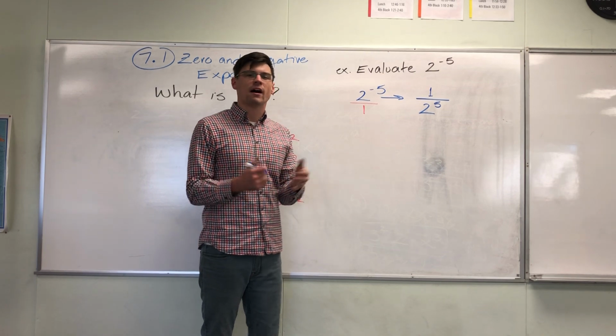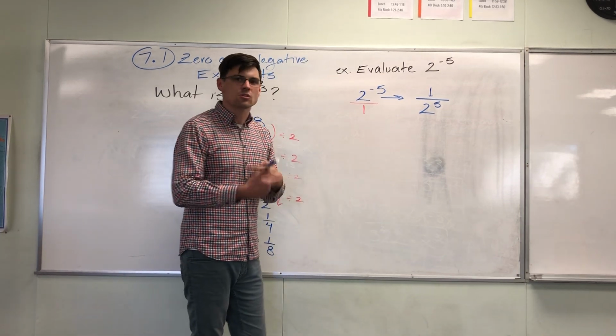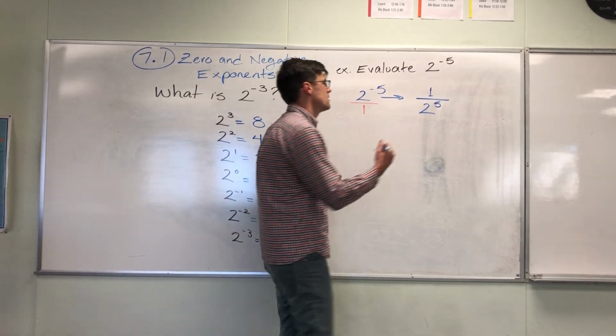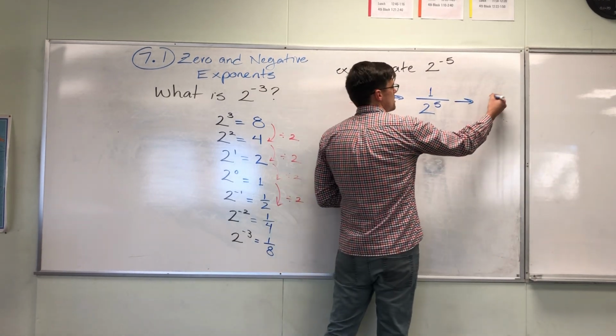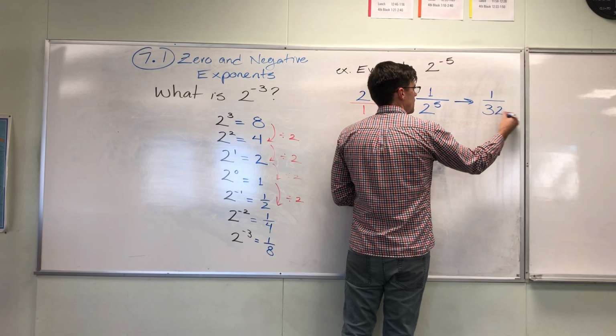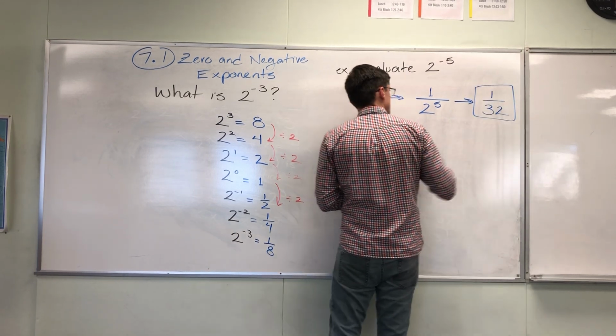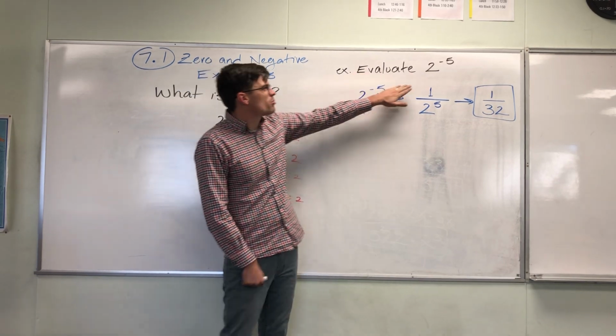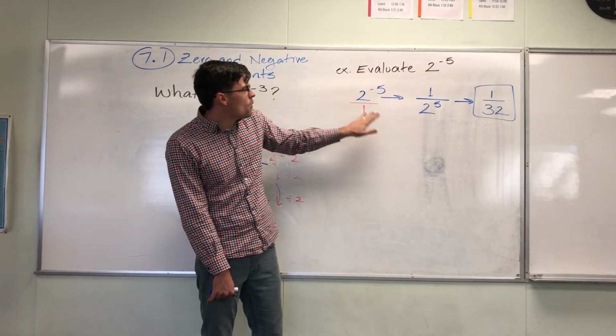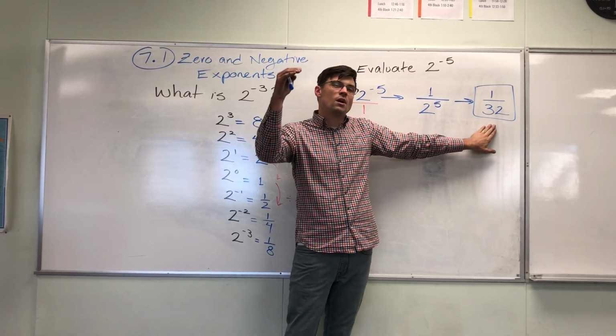To finish evaluating, I just have to multiply 2 by itself 5 times, and 2 times 2 times 2 times 2 times 2 is 32. Because I'm asked to evaluate this expression, I'd like us to get all the way to that final answer of 1 over 32.